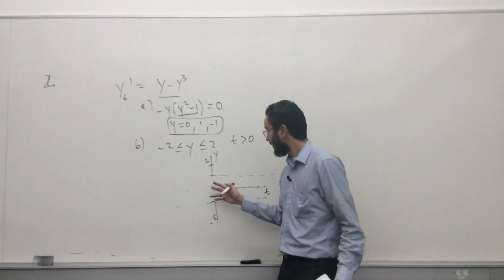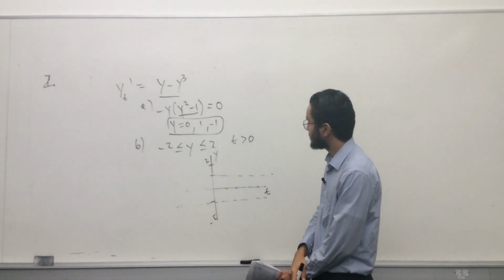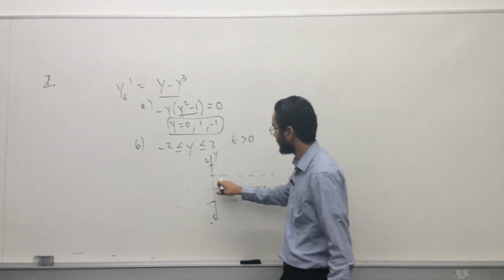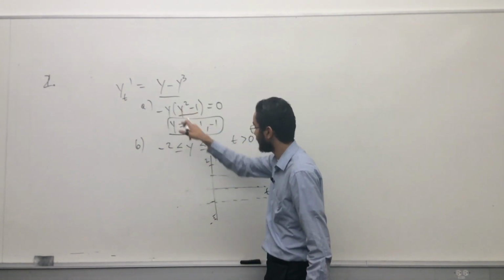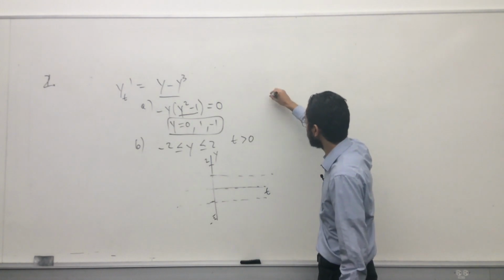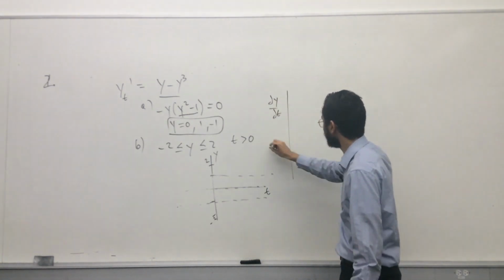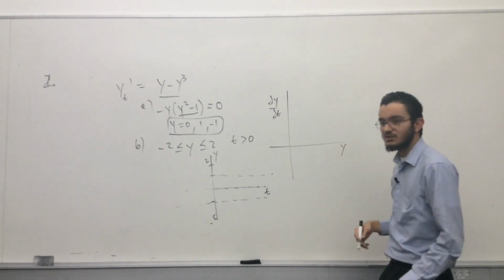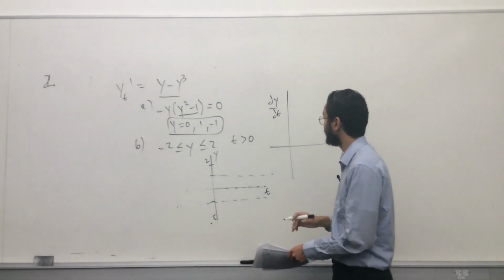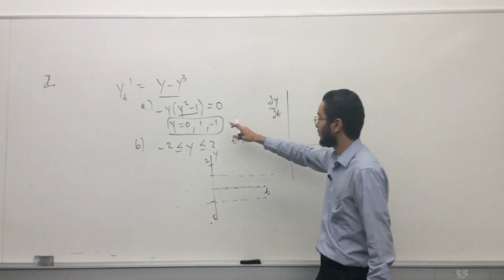Now, one good way to do this is by plotting some values, or you could even plot dy over dt as your y-axis, and then your x-axis is going to be y, so that you can see the behavior of the derivative of this differential equation.